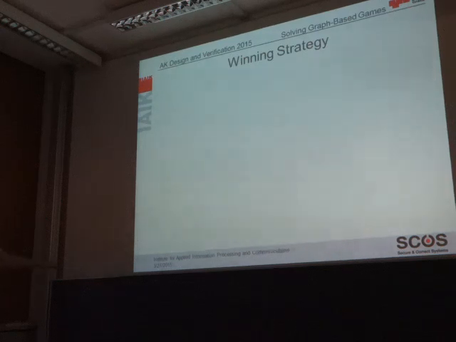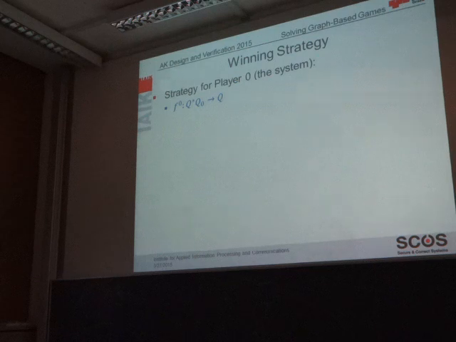Now, about strategies and winning strategies. In the most general case, we can define a strategy for the system player also as a function, and this function takes a finite sequence of states as an input. With Q to the power of star, we always denote sequences of states that are finite, so this is the set of all finite sequences of states. But the sequence of states that we have as an argument for our strategy ends with a state that belongs to player 0, where player 0, the system, needs to choose one of the successor states.